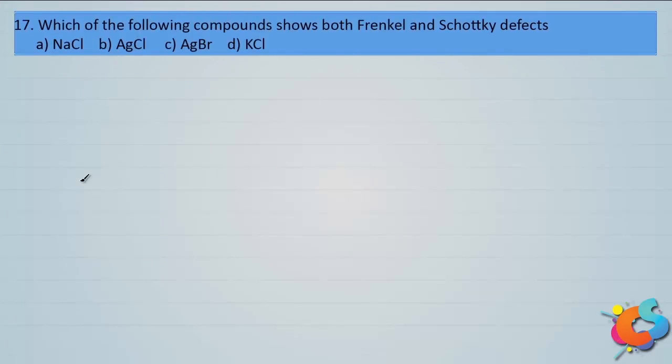The question is, which of the following compounds shows both Frenkel and Schottky defect? The given options are A. NaCl, B. AgCl, C. AgBr, and D. KCl.